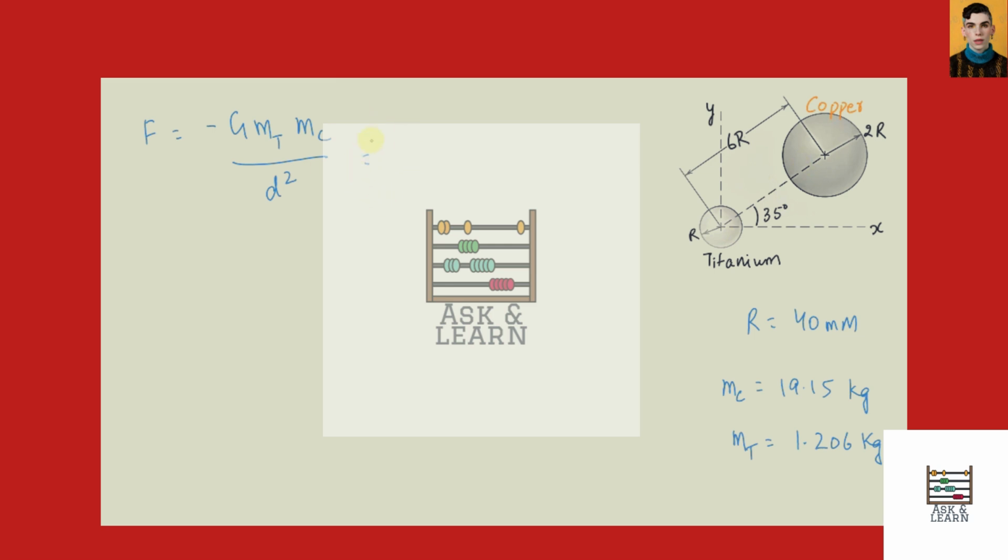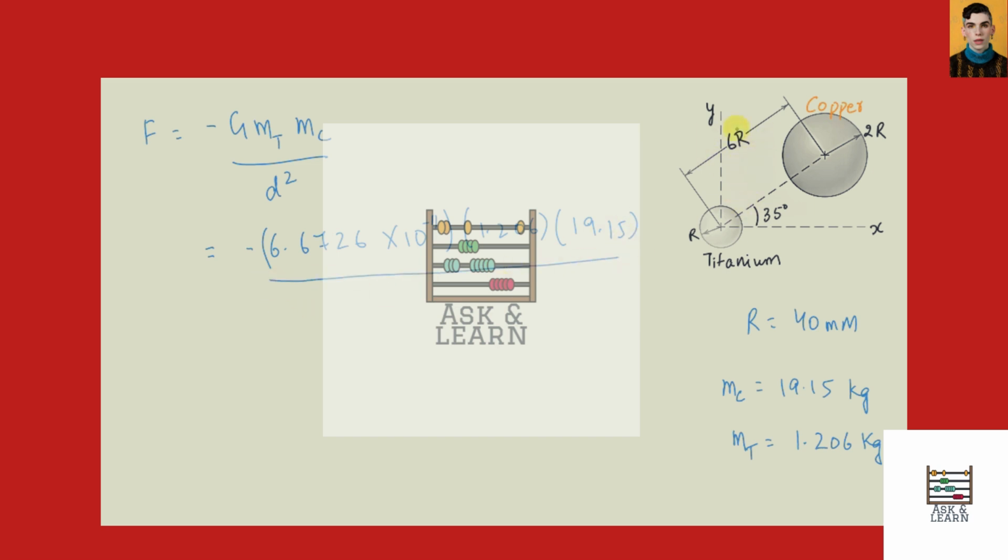Now we can put the values here to calculate F. So it is equal to minus 6.6726 times 10 to the power minus 11 times mt we have 1.206 and mc we have 19.15 divided by d square.